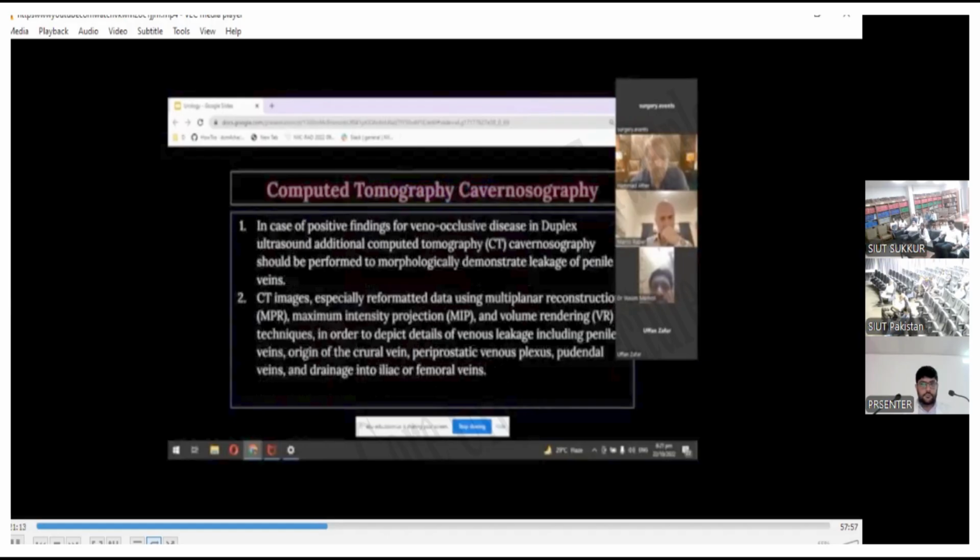So coming towards CT cavernosography, in case of positive findings of veno-occlusive disease in duplex ultrasound, additional CT cavernosography should be performed to morphologically demonstrate leakage of penile veins.